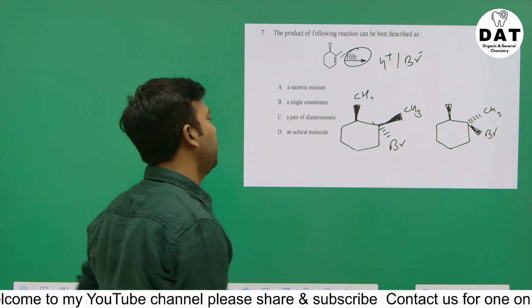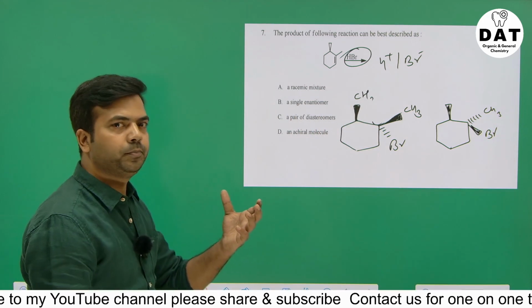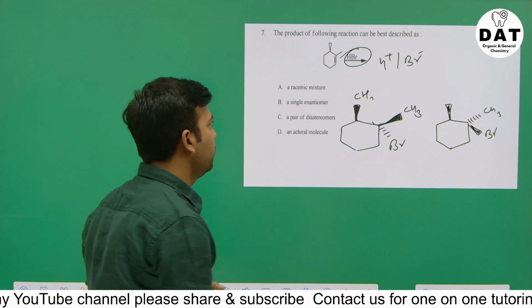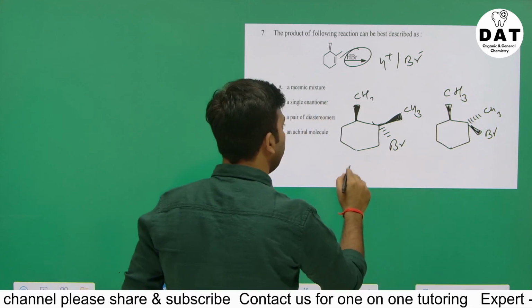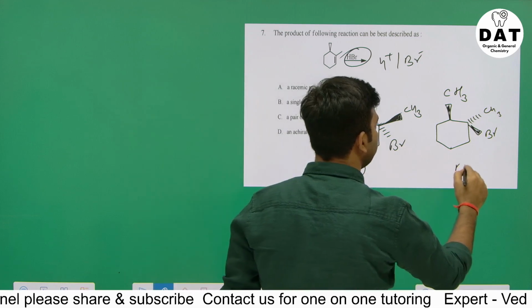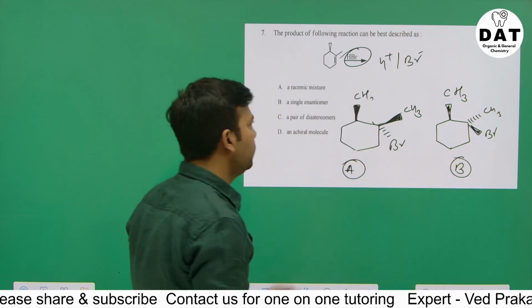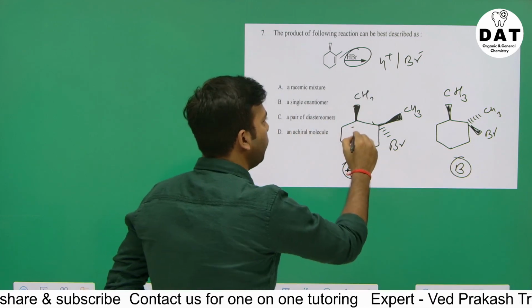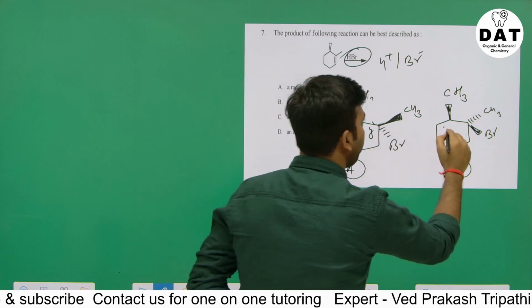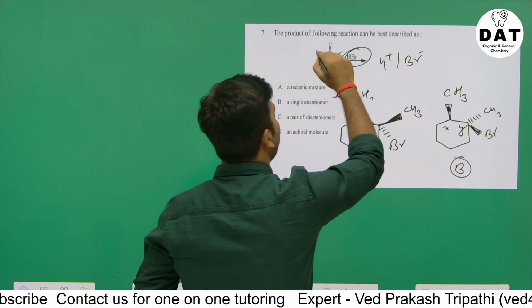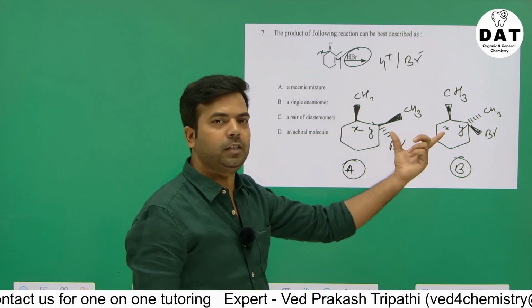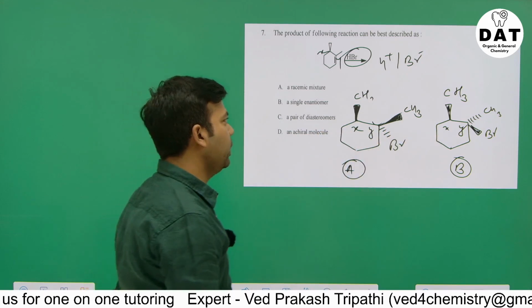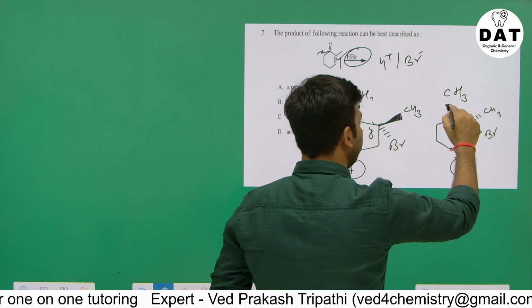Clear? So now look at the difference. This is methyl. These are the possible A and B products. Clear? So if you look at this X and Y, this is my X, this is my Y. So X remains same in both products. Clear? These are the two chiral centers we have.